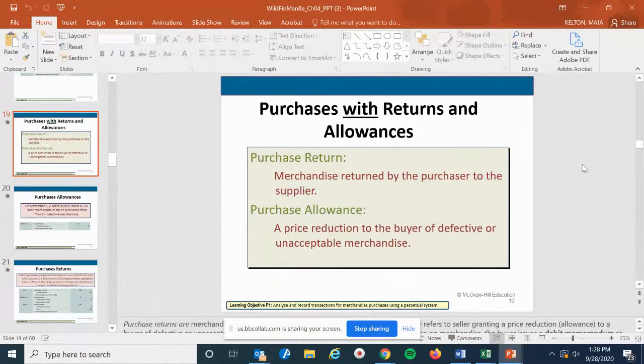If something is wrong with my purchase, I don't want to return it, but I'm not happy with the price. I want to keep it, but the quality is not what I wanted. Then Amazon might grant me a purchase allowance. They might give me a little bit of a price reduction. That would be an example of a purchase allowance. So purchase allowances do not involve a physical return.